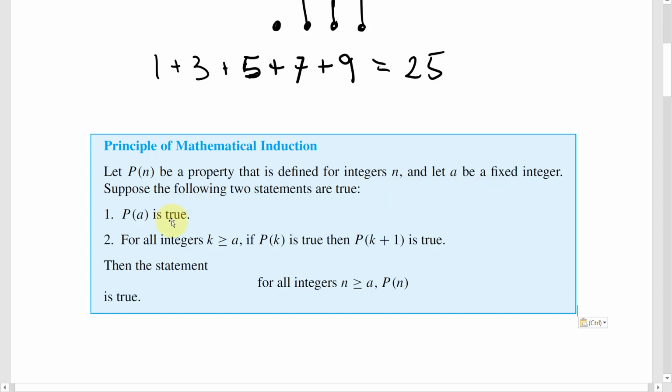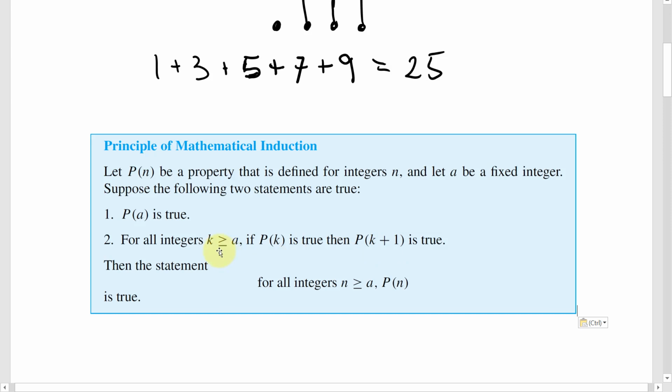First, P is true at a, what we call the base case. And second, for any integer k that is equal to a or bigger, if the statement is true at k, then it must also be true at k plus 1.